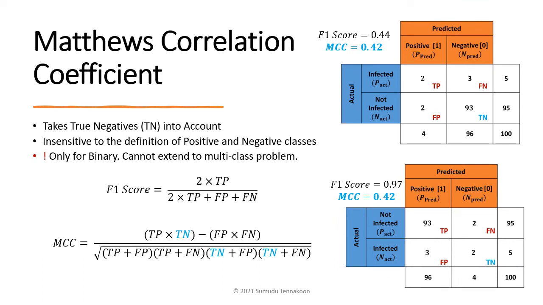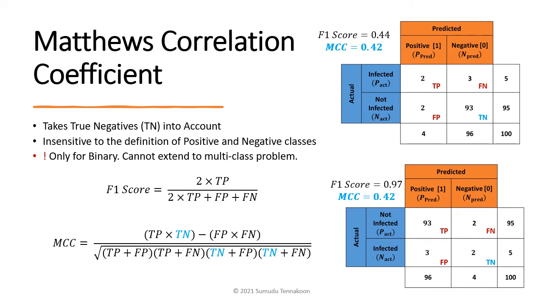Previously, we learned the F1 score is sensitive to the definition of positive and negative classes in your problem. The F1 score takes true positives, false positives, and false negatives into account when computing the value. It does not take the true negatives into account. If you want a metric which is insensitive to the definition of positive and negative classes, you should choose the Matthews correlation coefficient, or MCC in short form.